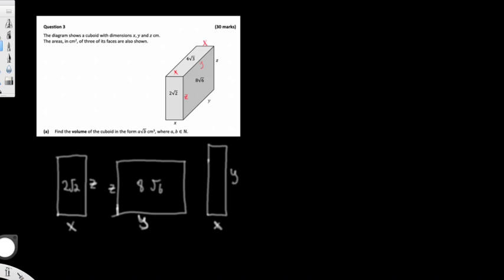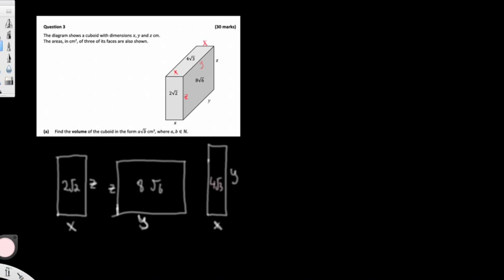So this side here is X, and that side there is Y, and 4 root 3 is the area of that side there.